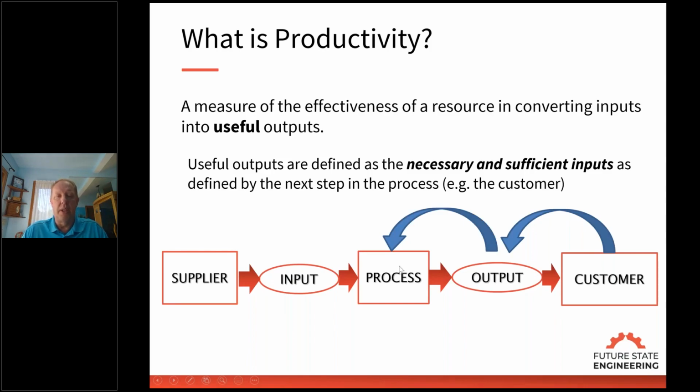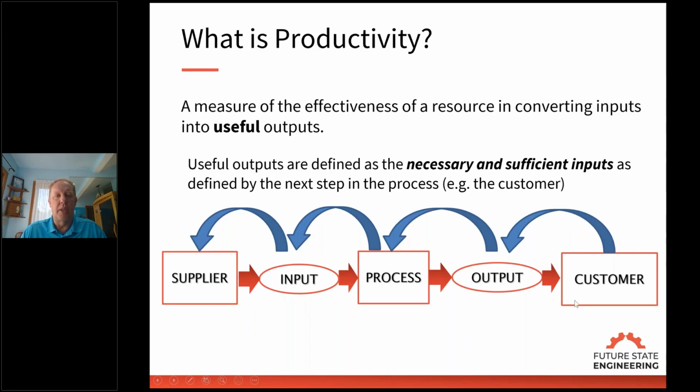The process needs to be designed to achieve those outputs. Likewise, the process defines what inputs we need. So the inputs are defined by the process, and then the inputs, of course, go back to the supplier and what we need from them. And again, at each step of the process, we're adding value to satisfy the customer needs.